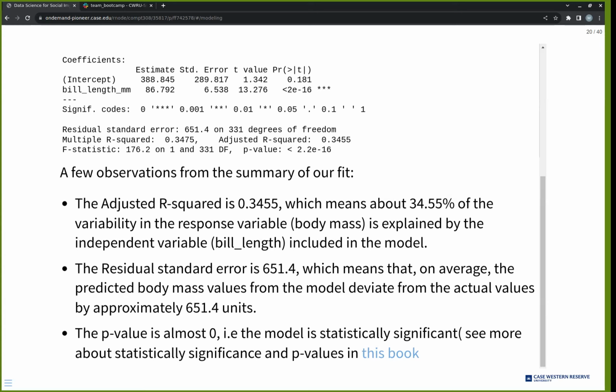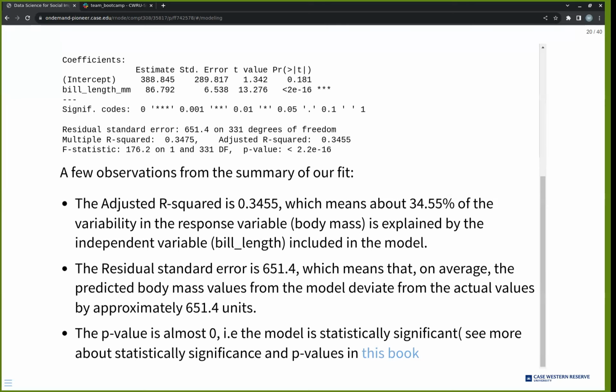In simple language, if someone says you have to predict the body mass based on bill length only, you have this bill length and you have to correlate it with the body mass of a penguin. If you predict your body mass based on only bill length, it will only explain 35%, one third of the change.